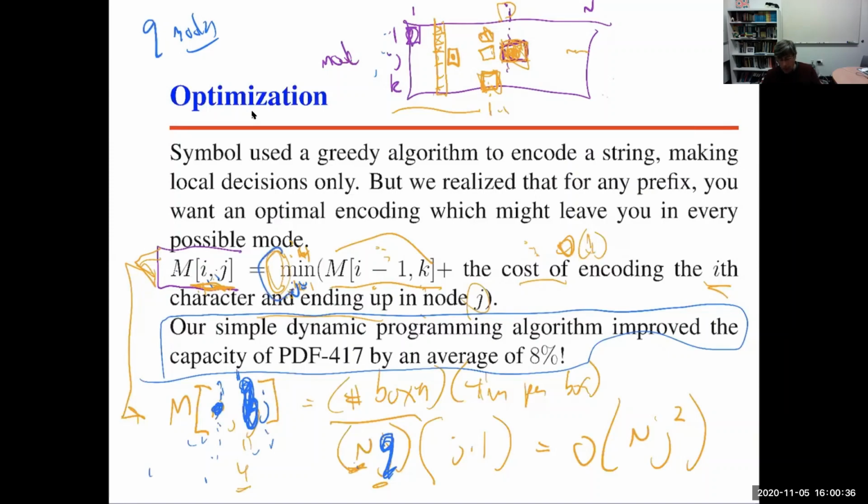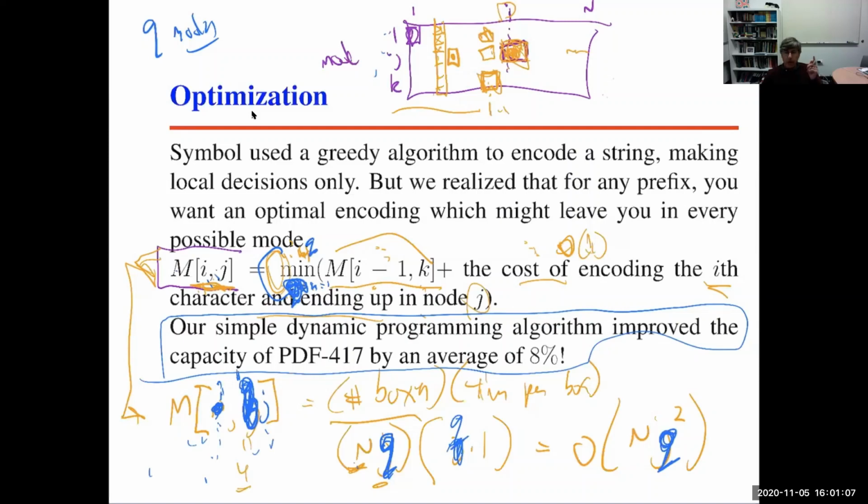This is going to go around q times, with k equals 1 to q. And this would now be n q squared. Does that answer the question? Any questions about that?